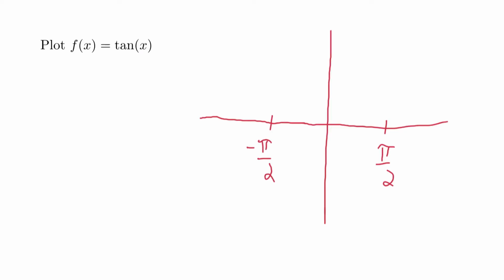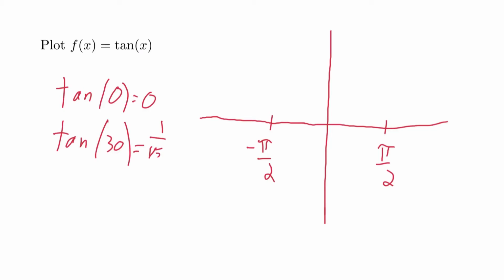So what do I know about tangent? I know that tangent of 0 is 0. Tangent of 30 degrees, which is pi over 6, is 1 over square root 3. Tangent of 45 is 1. Tangent of 60 is positive square root 3.